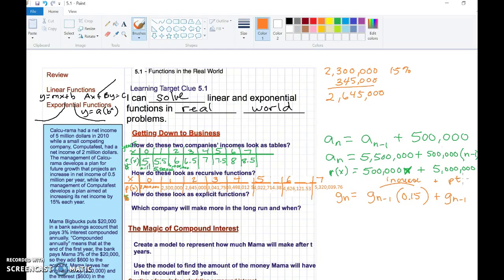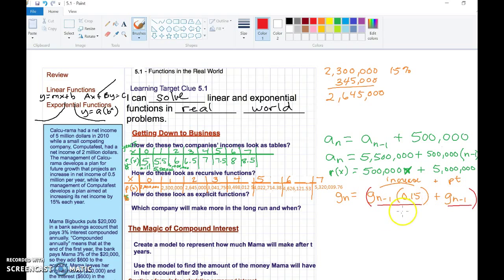So let me show you something. Let's imagine that this is a number right here, and this is a number right here. And what we could do is we could use the distributive property backwards. Could we not divide both of these terms, g sub n minus 1, the previous term, times 15%?